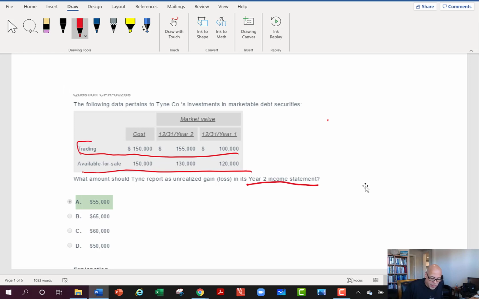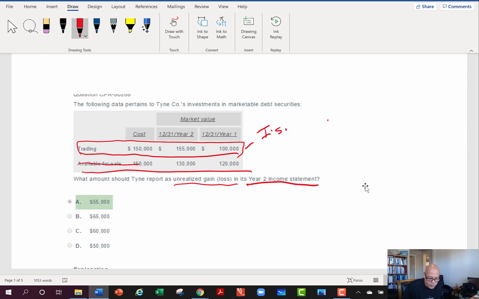That being the case, I know I have to focus on this trading security because of the unrealized holding gains and losses that they're asking me for, right? That means I held the security, I haven't sold it yet, but I have to report unrealized holding gains and losses. And in the case of a trading security, that information is reported on the income statement.